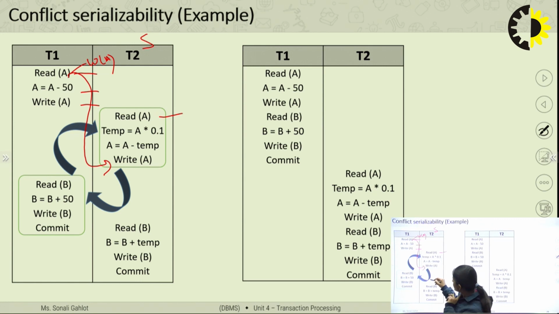This is one condition. Then write A, then read A, this is the second one. Then again we start from here, the read A, and we check for the write A.